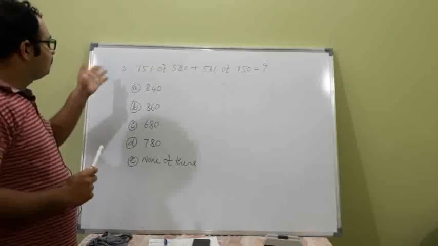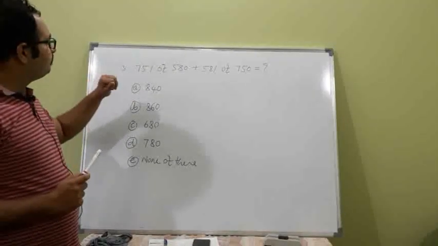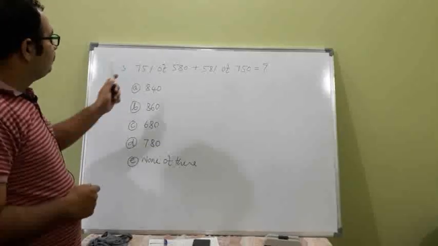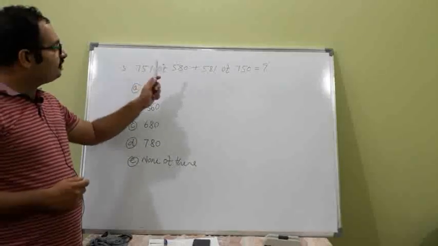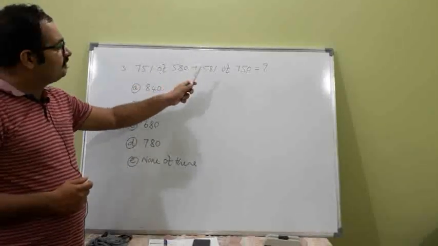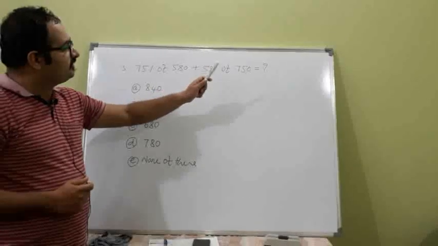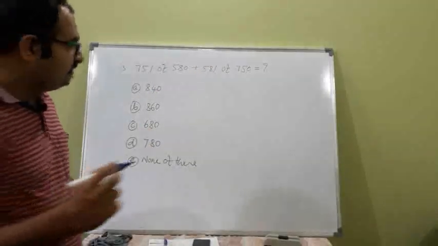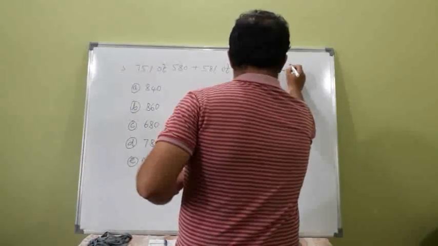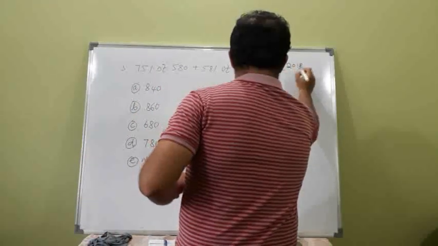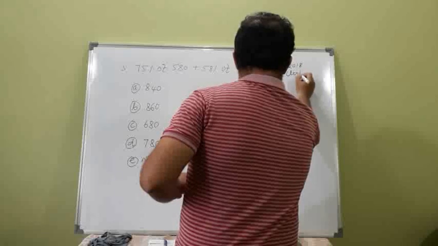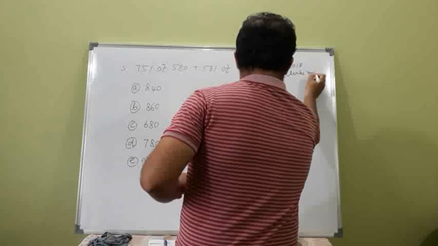Let's take an example of this type of problem. Third problem: 75% of 580 plus 58% of 750 is how much? This problem was given in the 2018 clerk main exam.